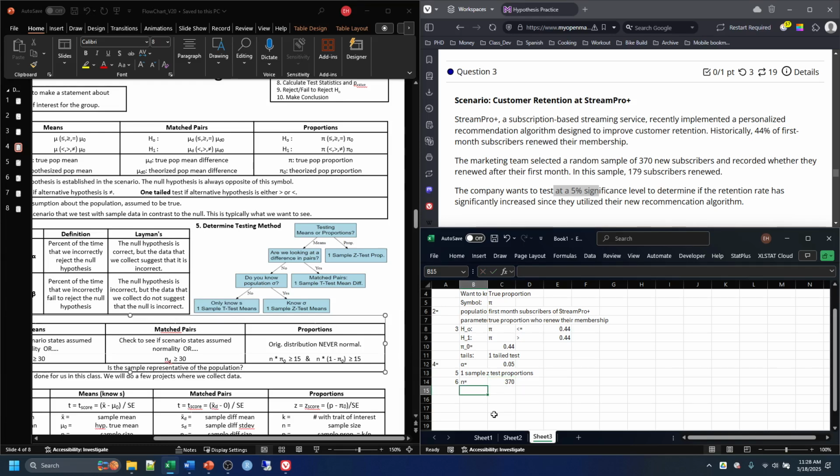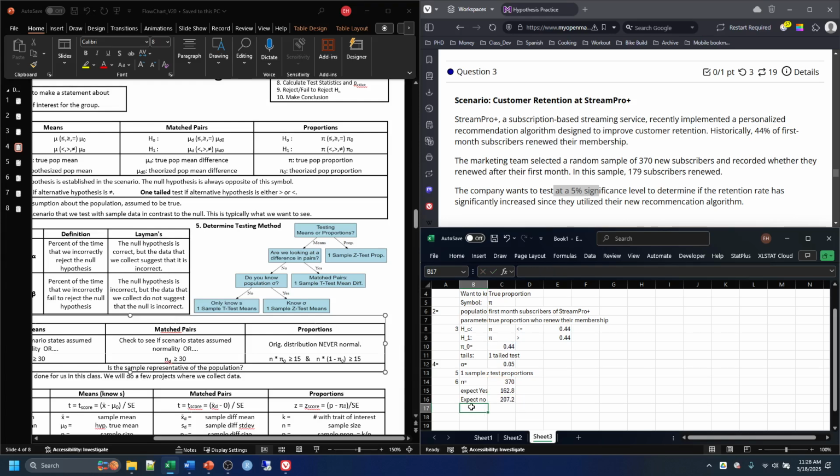And how many do we expect to be yes and expect no to resubscribing? The expect yes is going to be equal to our 370 times our hypothesized true proportion. And the expect no is going to be 1 minus our hypothesized true proportion times our sample size.